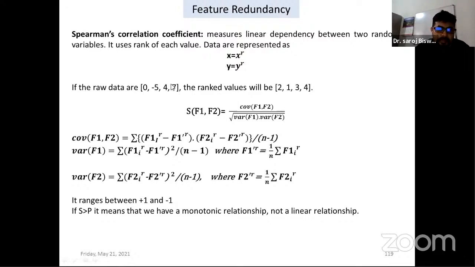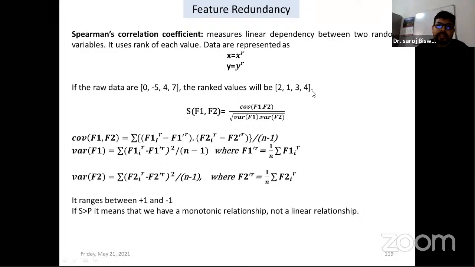See here, this is one of the vectors, this x. How can this x be represented? In the case of Spearman's correlation, x is represented using ranks. How can we find the ranks? The smaller the value, the smaller the rank is. The smallest one is -5, that's why the rank of -5 is 1.